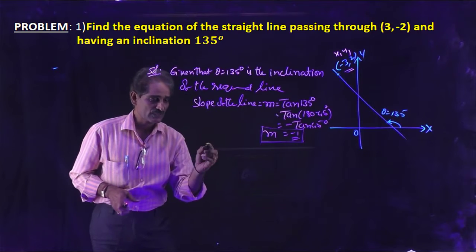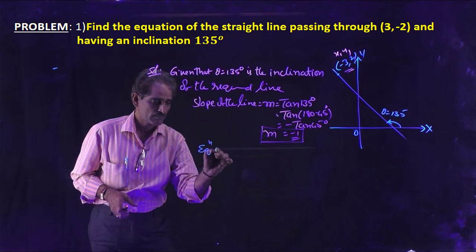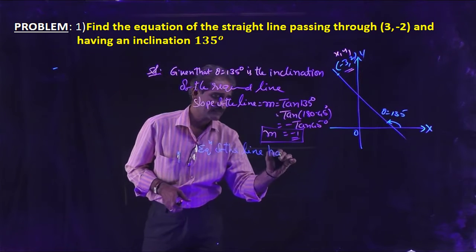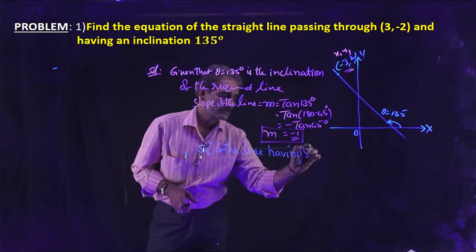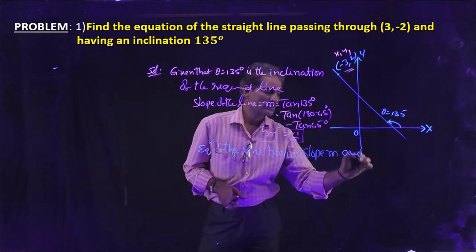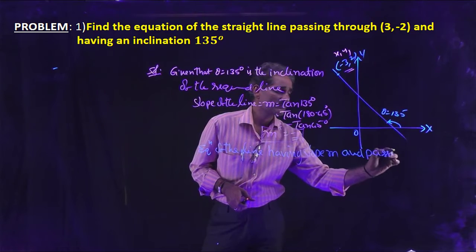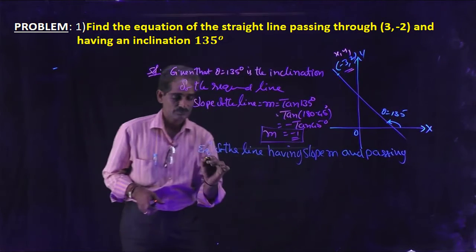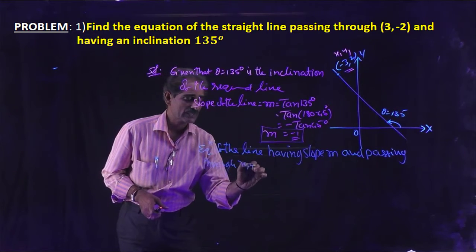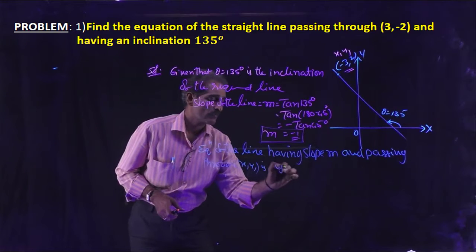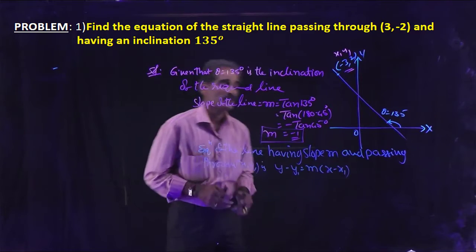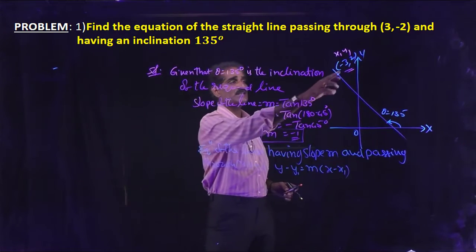Now the slope m is equal to minus 1, the point is minus 3 comma 2.